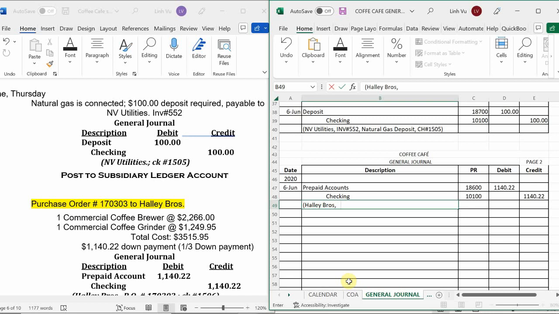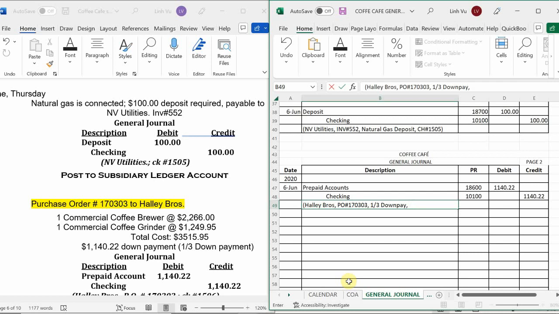So in this case, I have the purchase order number, right? 170303. And that's going to give me the requirement of a 1/3 down payment. So I'm going to put down pay. Okay? And what was my second proof of transaction here?